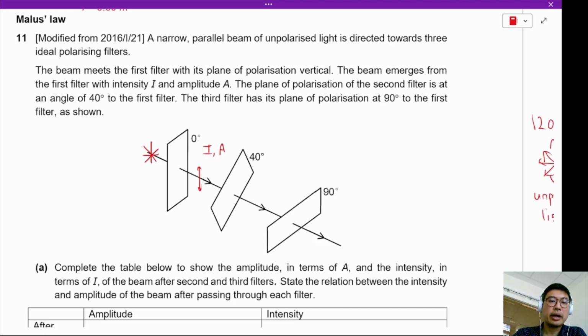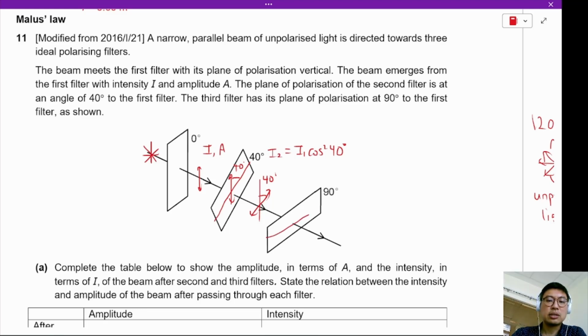Next, the angle of polarization is 40 degrees. That means there will be a 40-degree angle between the first and the second. So I2 will be I1 cosine squared 40 degrees, and what comes out will be light at an angle of 40 degrees to the vertical.